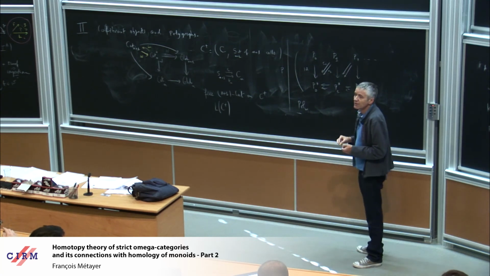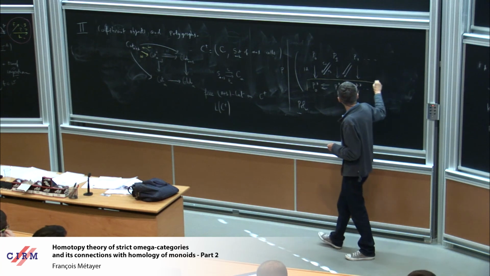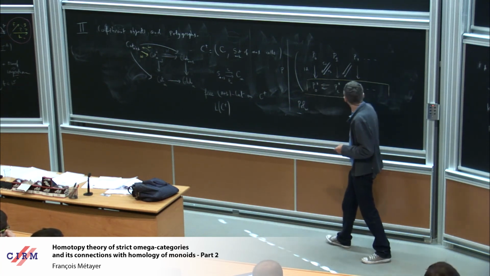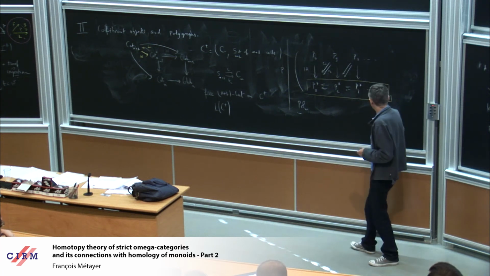Once you have a polygraph, it comes immediately with an omega category.